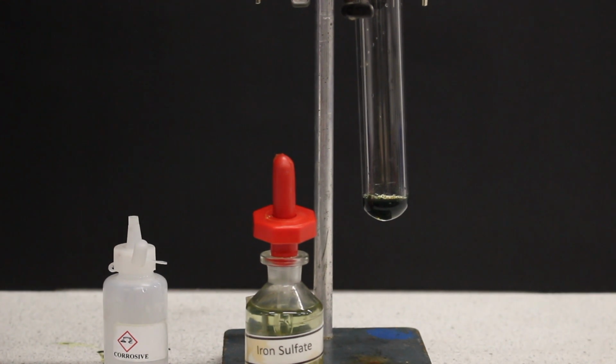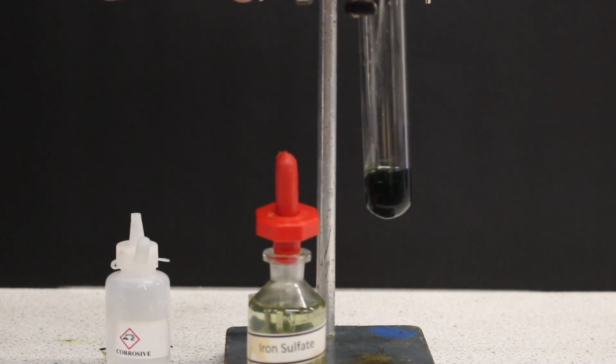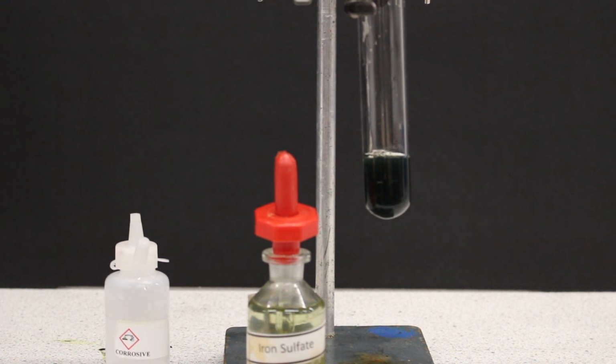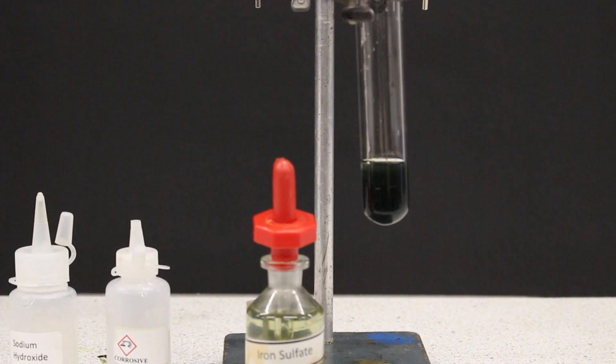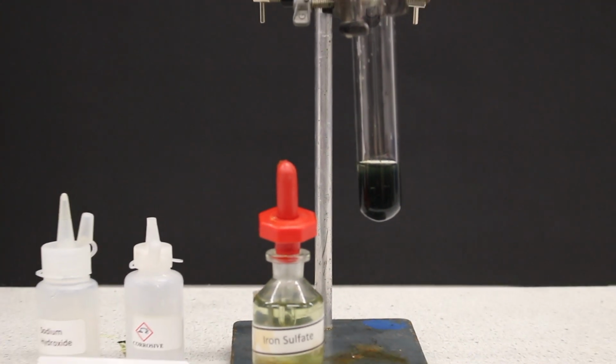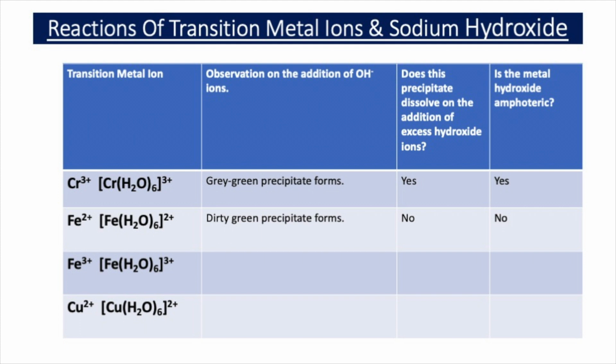You can see here that we form a dirty green precipitate. And when we add excess sodium hydroxide, this dirty green precipitate does not dissolve in excess sodium hydroxide. So that is telling us that this metal hydroxide is not amphoteric.